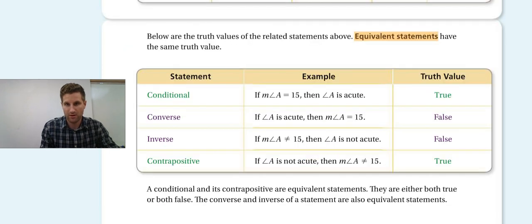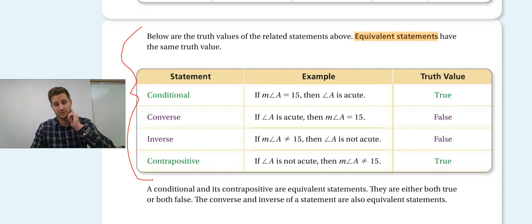All right. Moving on. Let's go ahead and write this piece down. Below are the truth values of the related statements above. Equivalent statements have the same truth value. Let's talk about these. So conditional: if A equals 15, then A is acute. So that is a conditional statement, and guess what? It is true, right?